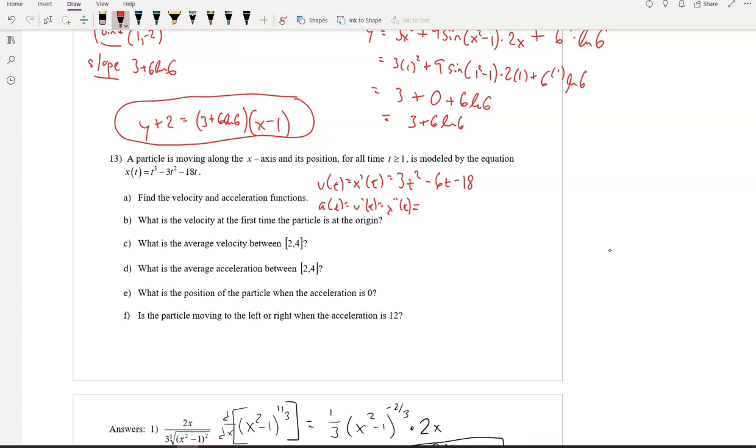You can just write a of t. I'm just writing it out for you guys for learning purposes. But there would be 6t minus 6, right? All right, so far so good on letter A. Velocity and acceleration functions.